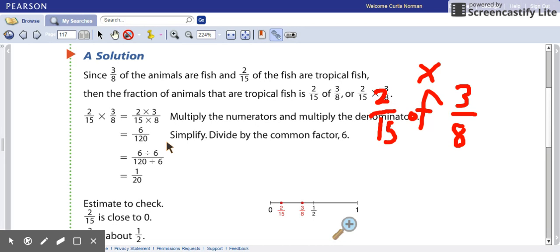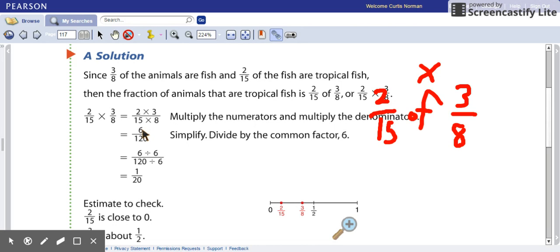So we want to see if we can simplify this answer. So you look at these two numbers, 6, 120, and you say to yourself, do they have any common factors? Is there any number that goes into 6 as well as 120? Well, I know they're both even, so the number 2 would work. 2 might work, 3 might work, and you know what else might work? 6.